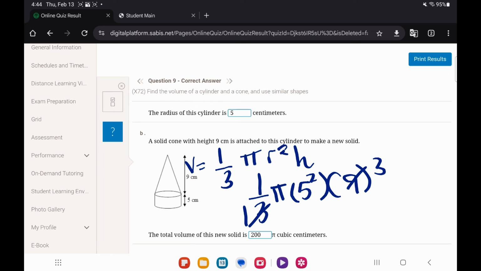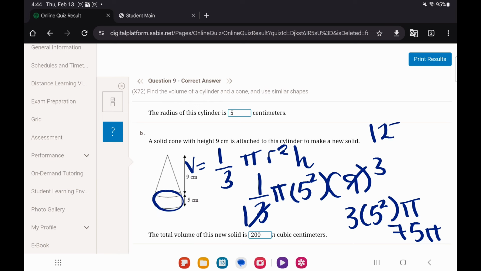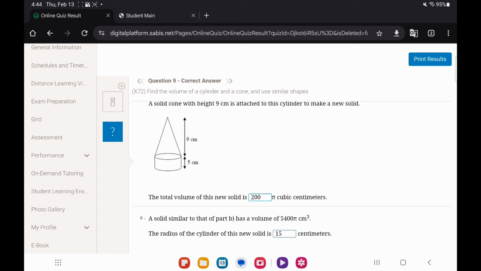So it's 3 times 5 squared pi, so it's 75 pi. We already know from the other part that the cylinder is 125 pi. So 125 pi plus 75 pi makes 200 pi. And that's your answer, 200 pi.